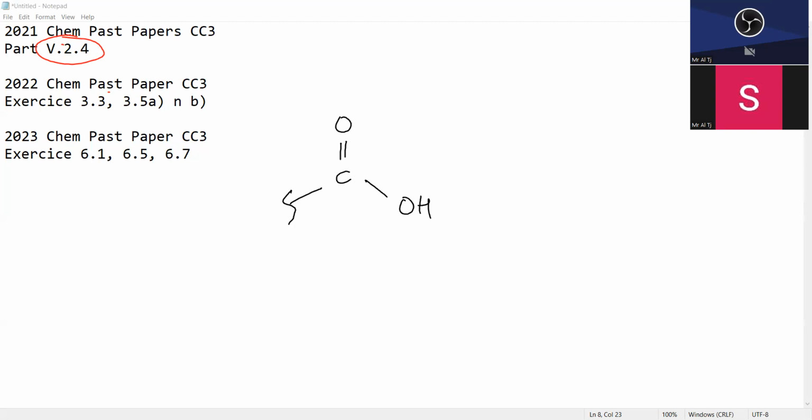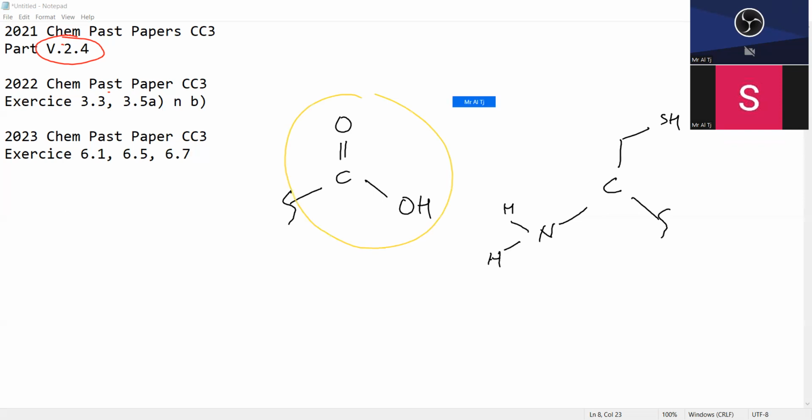On the other hand, we have the cysteine, which in one end we have the carbon bonded to the nitrogen. This nitrogen has two hydrogen in it. And this carbon here, they also have the thio alcohol and some other part that we don't care. We are going to consider only these two reaction centers.